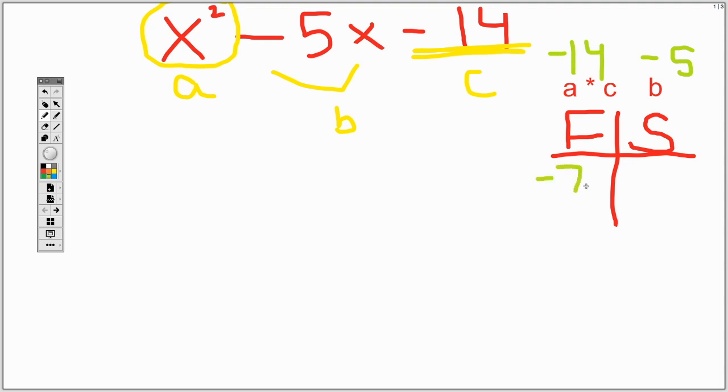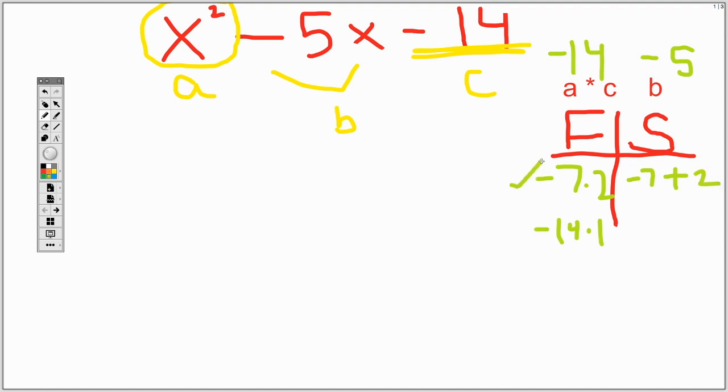So minus 7 times 2 can make minus 14, or minus 14 times 1. We can also have the opposite, 7 times negative 2. Then I'll go to my sum and see if I add these numbers together, would it work? Negative 7 plus 2, does it equal negative 5?